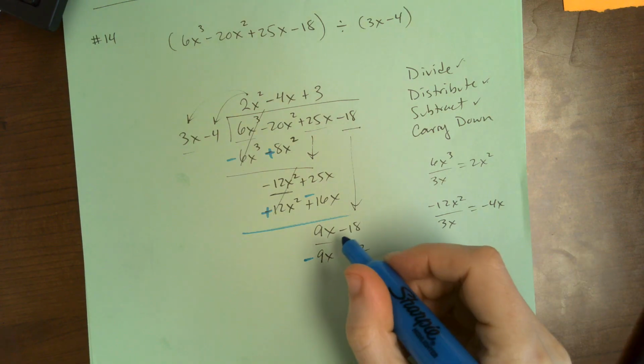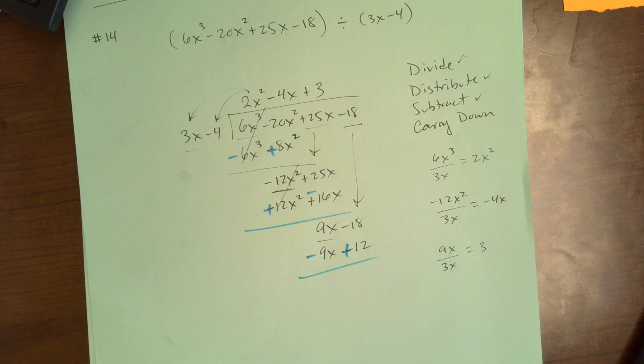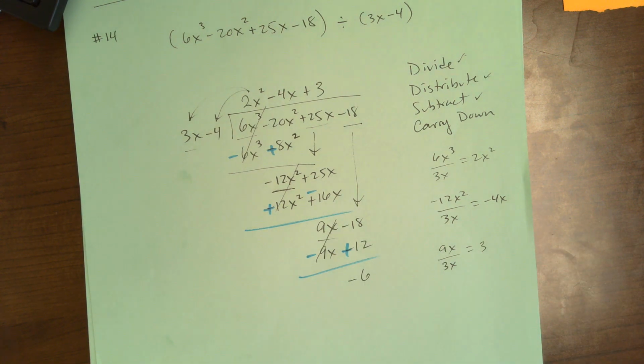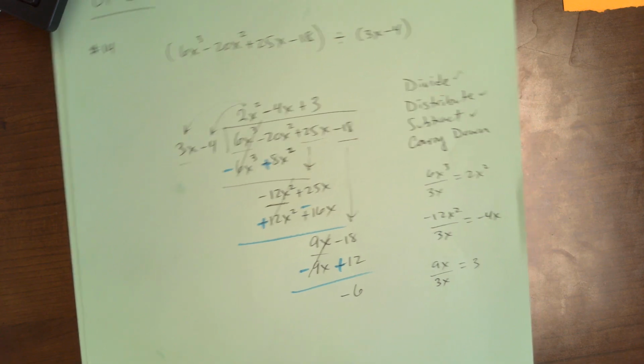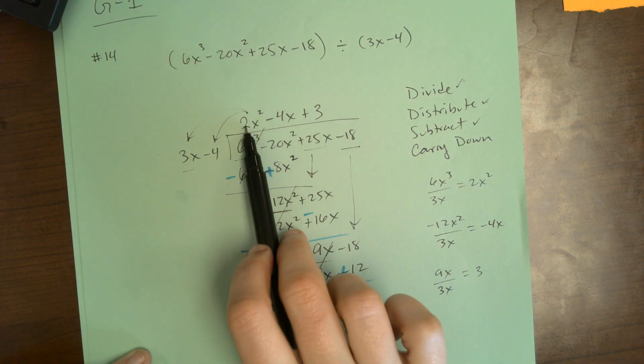Subtracting that, and subtracting a negative is adding. So now those cancel. Negative 6. There's no more stuff to carry down, and that's what we end up with after subtraction, so that's the remainder.